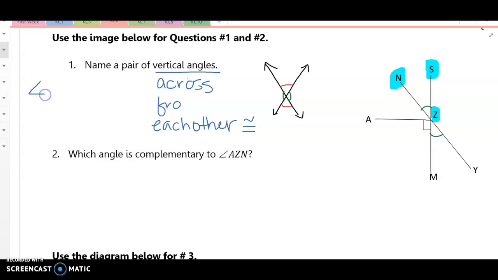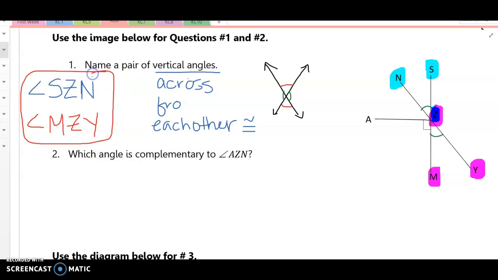So angle SZN, right? You have to put an angle sign in front to show you're looking at an angle, and then you have the first name, middle name, and last name. They have the same middle name. So then our other one is angle MZY. So those are vertical angles.